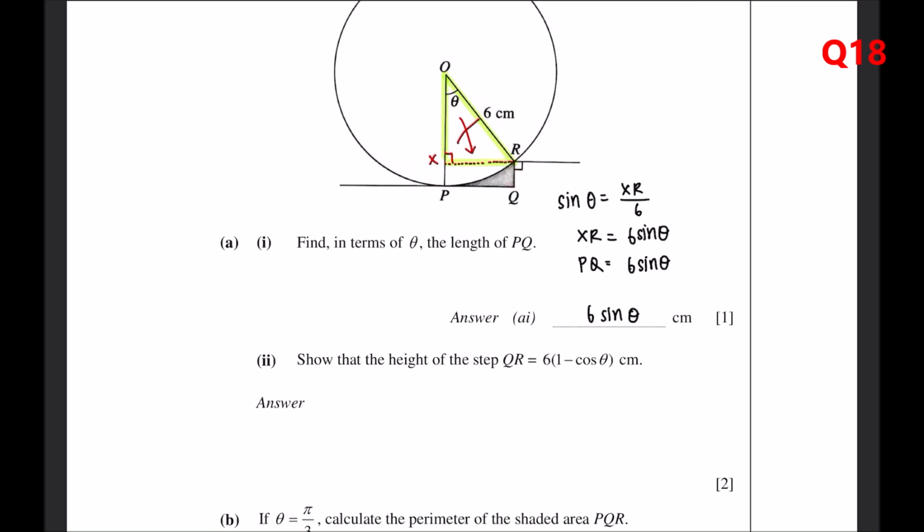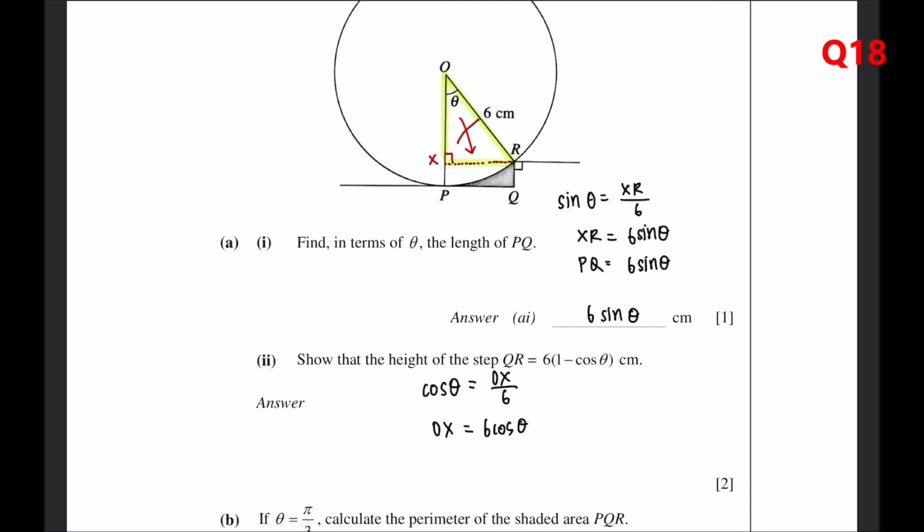So what I'm going to do is to find the length of OX first, making use of the same right angle triangle. I have cosine theta, the adjacent side this time round, OX, over the hypotenuse 6. So I have OX equals 6 cosine theta. Now I found the length of OX.